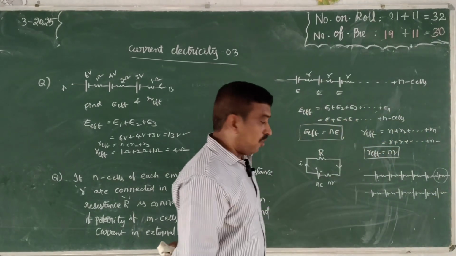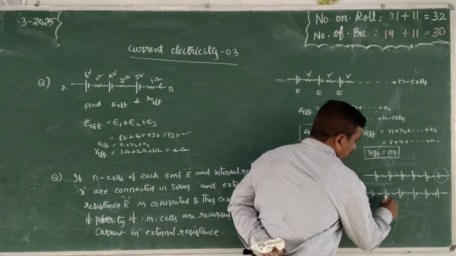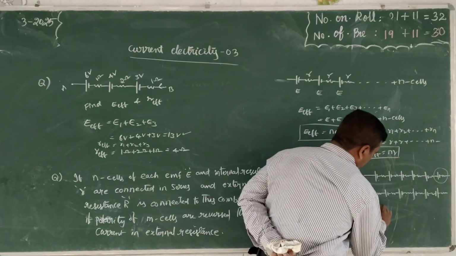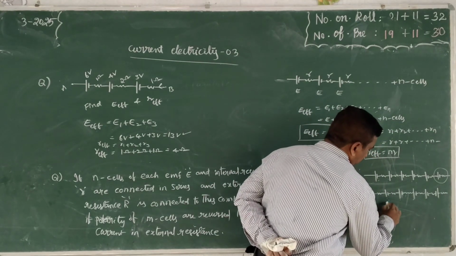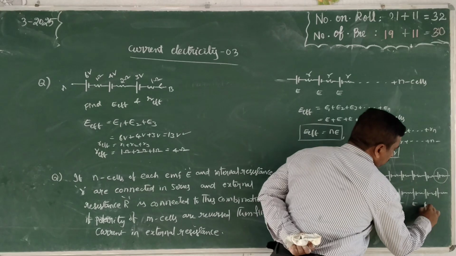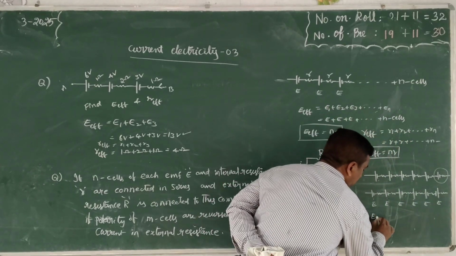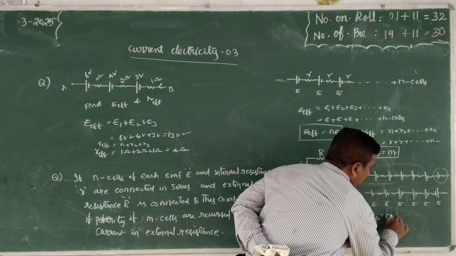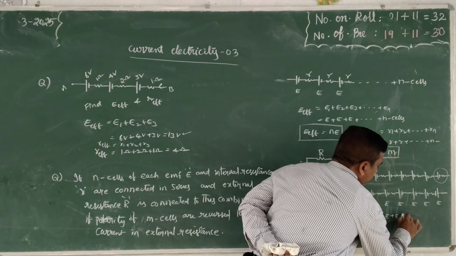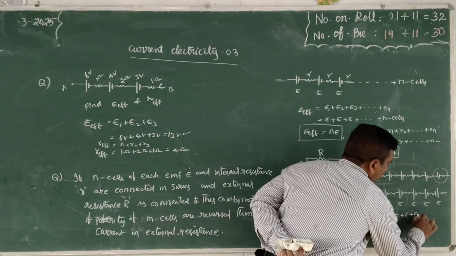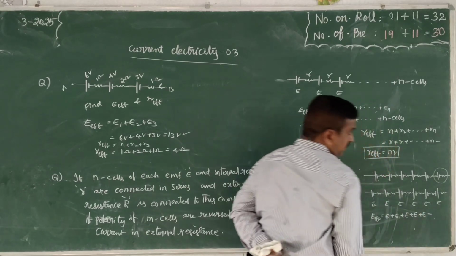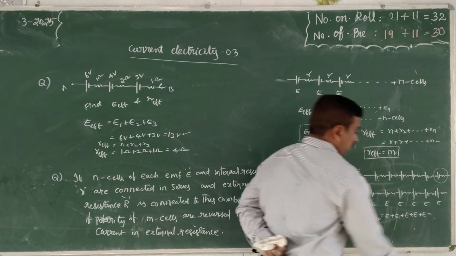What is the resultant here? I write E, E, E, E. E effective equals E1 plus E2 plus E3 plus E4 plus E5, minus E6, since the polarity is reversed, so we write minus.